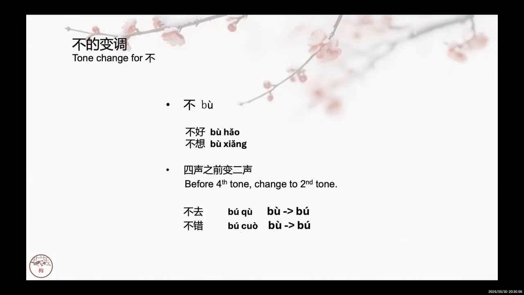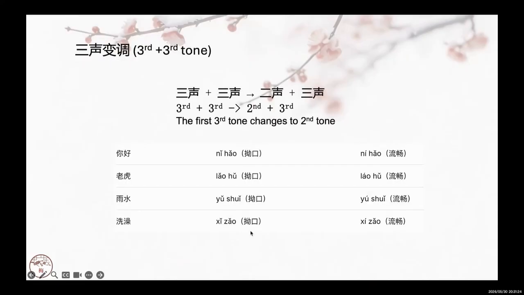That's why we have so many rules about the change. We just want to speak in a smoother, easier way. So we should change it from the fourth tone to the second tone. So you can read after me again. 不去, not go. 不错, not bad.